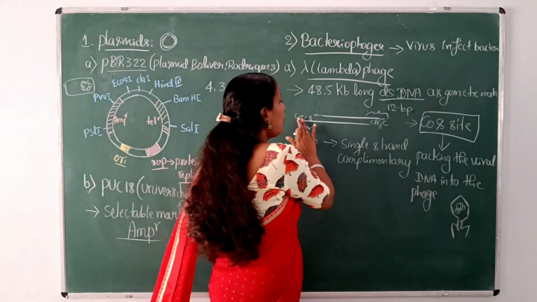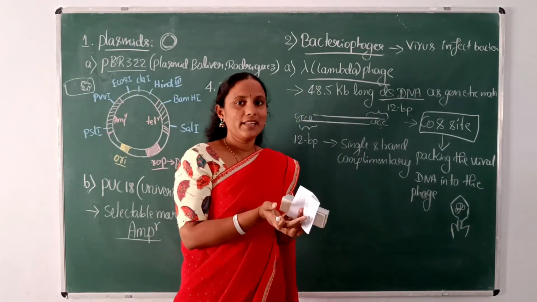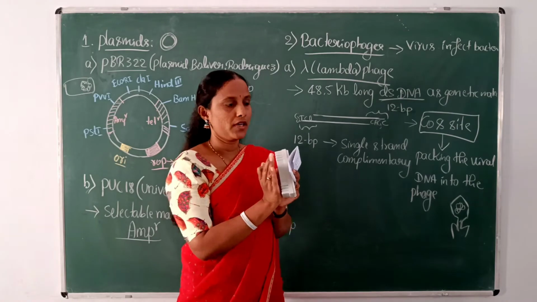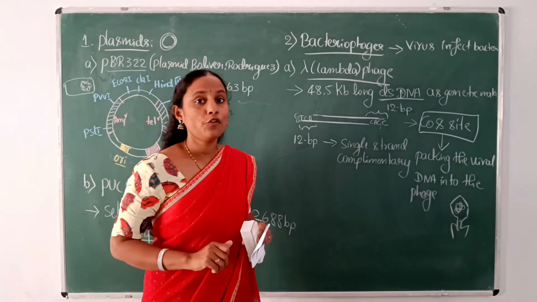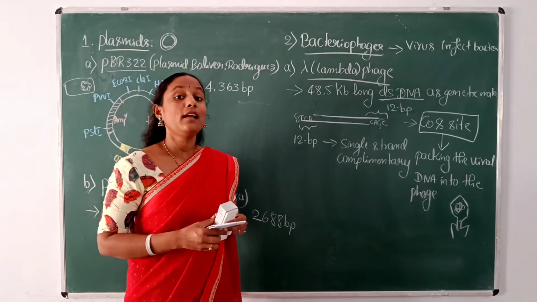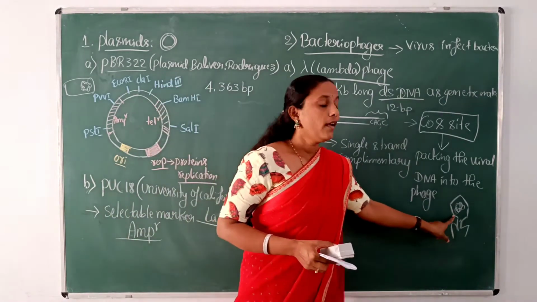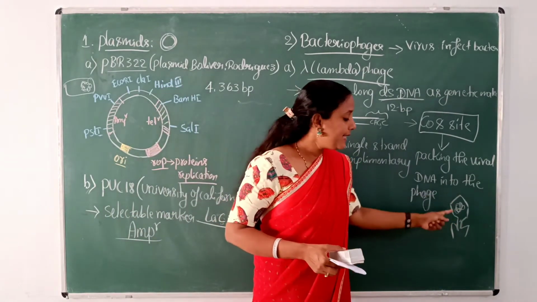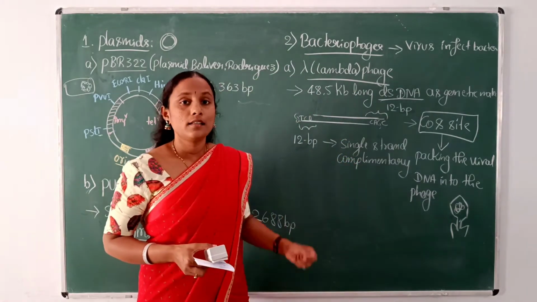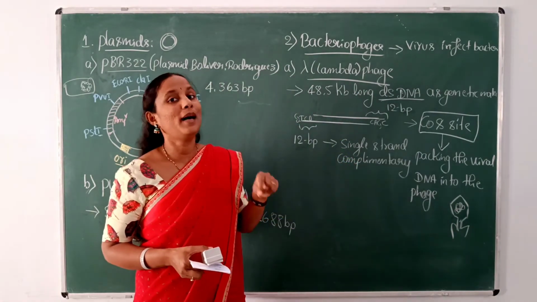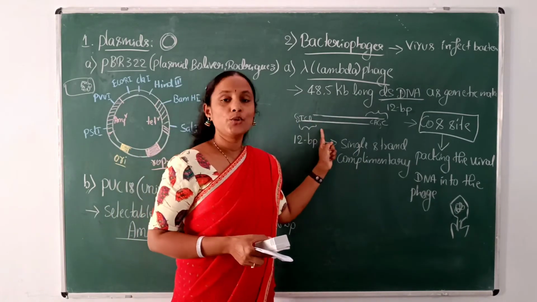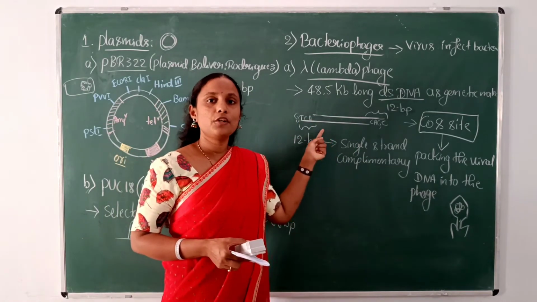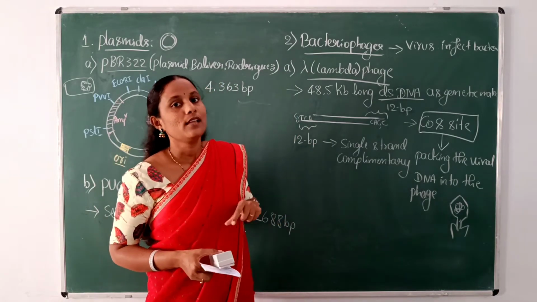If it has a cos site, they can undergo complementary base pairing, so it becomes shorter, so that it can pack into the bacteriophage head easily, and this is necessary for easy introduction of the genome into the bacteria. So this can be used in biotechnological work for transferring genes.